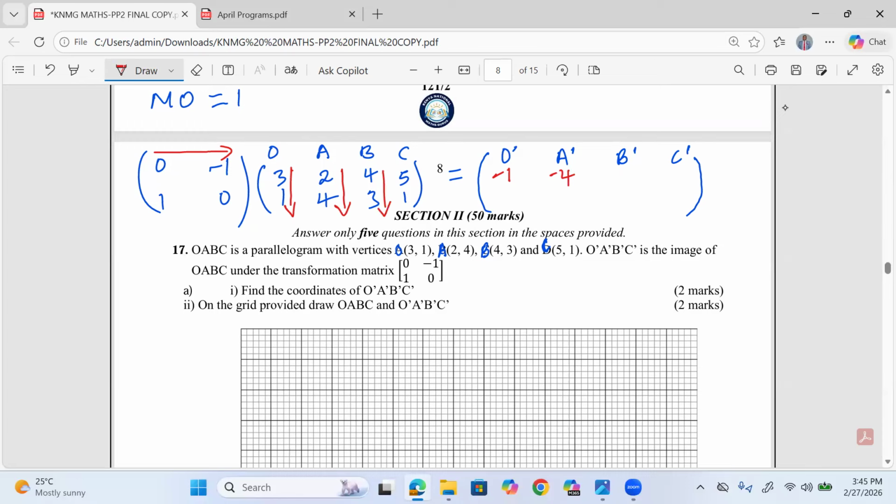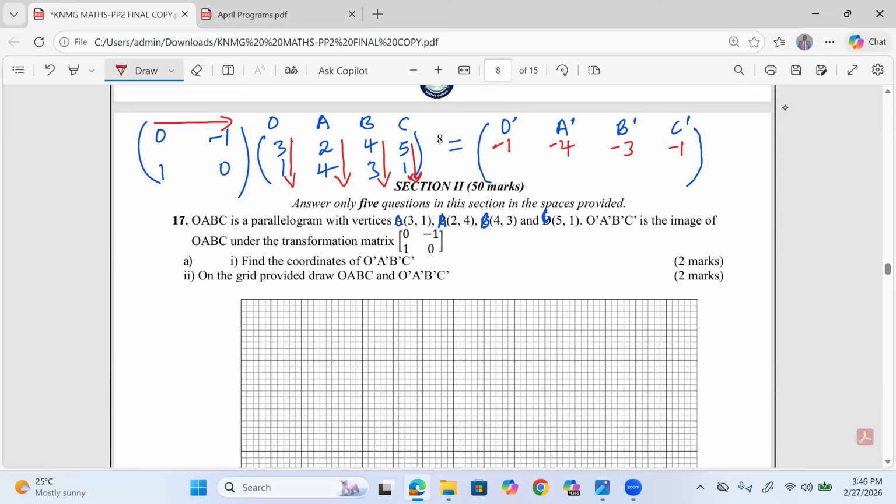The next at B, that is the column at B. So we use 0 by 4 and -1 by 3. We get -3. Then again, for C, the last on the upper side, we shall use 0 by 5 plus -1 by 1. So we get -1.